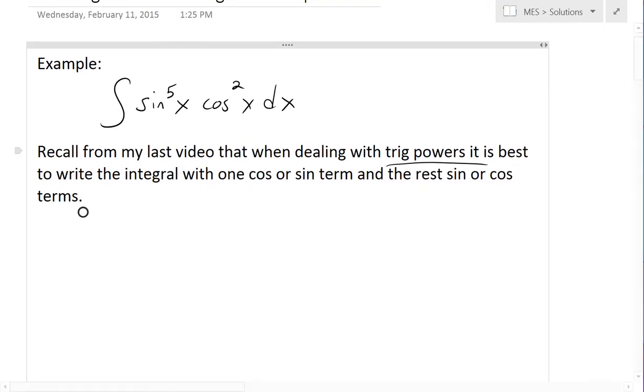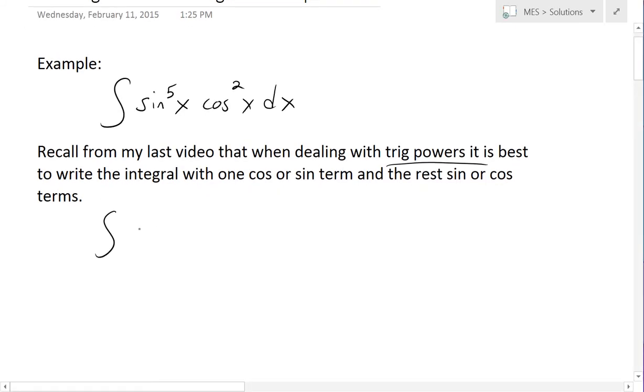For example, you would want to write something like sine of x with no power, or just a power of 1, and then the rest would be cos terms, for example cos to the power of 5 plus cos squared x, and so on.